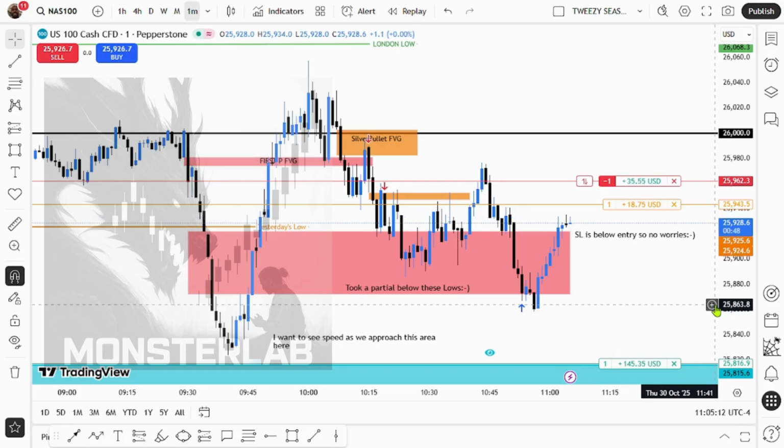We might see this kind of consolidation around here, in which, if anyone is in there, it's not even comfortable holding these kinds of trades. Personally, I hate holding these kinds of trades.